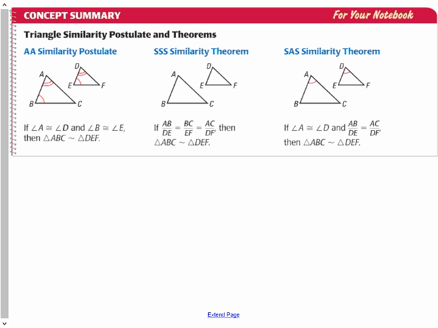And that's the last similarity thing we've got here. Angle, angle works, side, side, side, side, angle, side. And clearly, based on the number of proofs we did today, angle, angle is quick and easy to show the triangles are similar. From there, you can get some proportions to help you out for that challenge. That wraps up today's lesson. As always, email me if you have any questions.